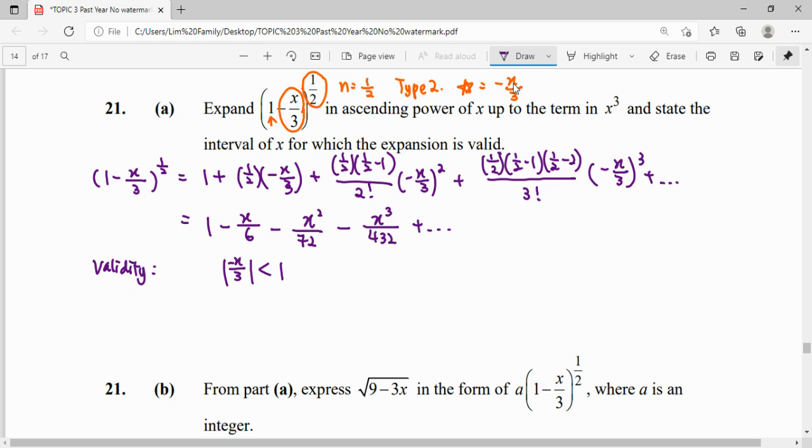Whatever negative we take the modulus of, it will come back to positive. So we define our modulus here: it will be less than 1, greater than negative 1. Then we move out the 3 here, we multiply by 3, it will equal negative 3 less than x, less than 3.